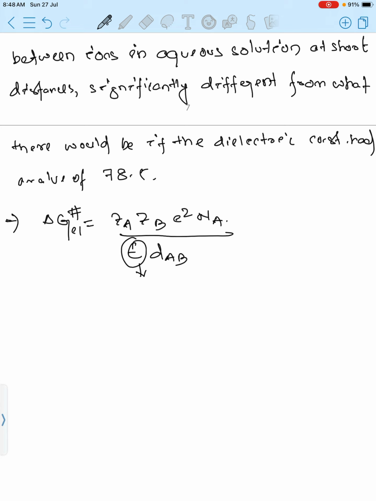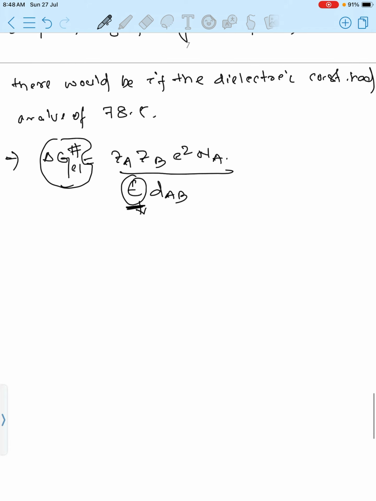That means if the dielectric constant value varies in the solvent medium, that is, near the ions the value is different and far away from the ion the dielectric constant value is different, then obviously the Gibbs free energy of activation contributed due to the electrostatic interaction will also be changing as the solvent medium changes its dielectric constant value. That is what I want to say here.